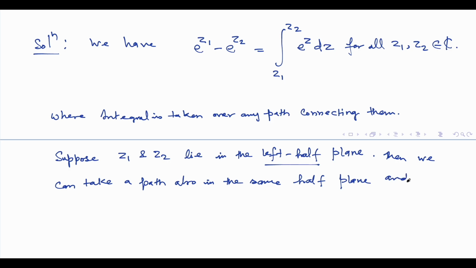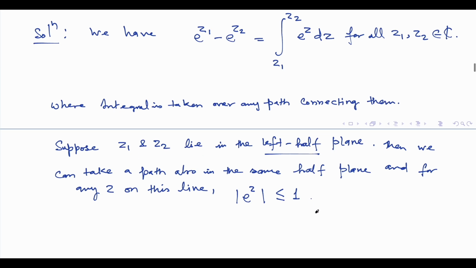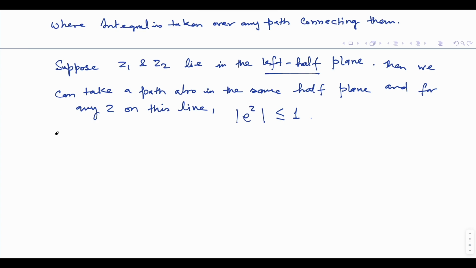And for any z on this line, we have the modulus of e power z is always less than or equal to 1, right?